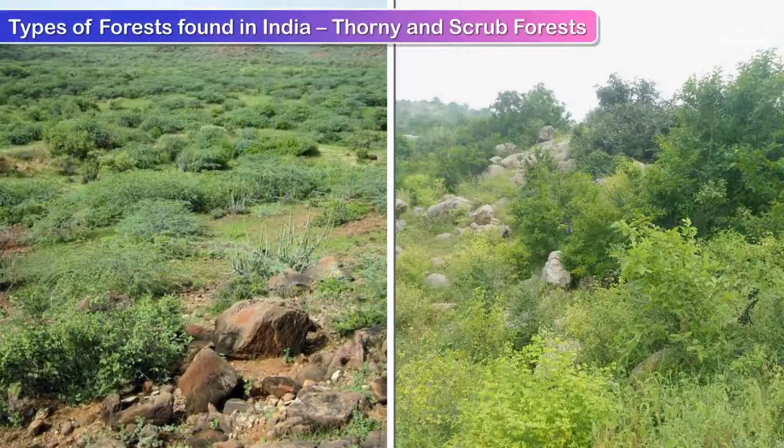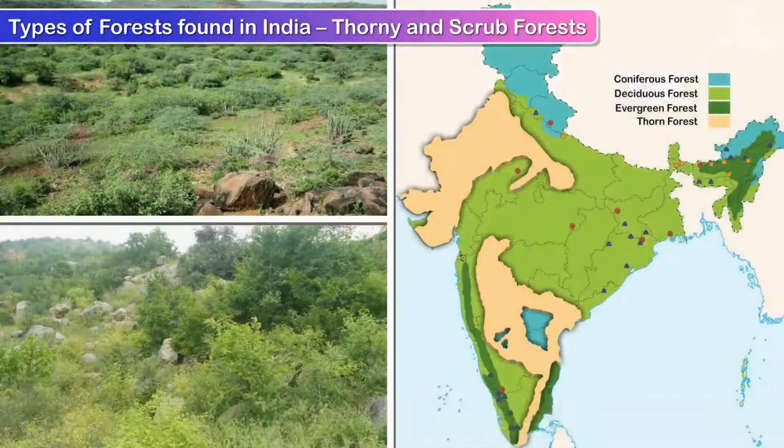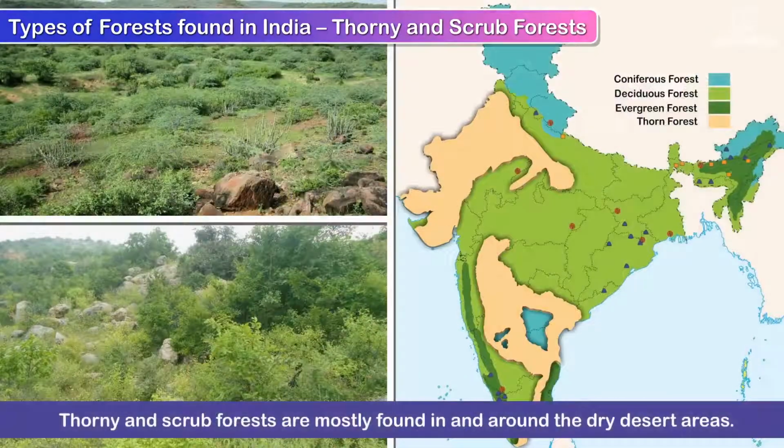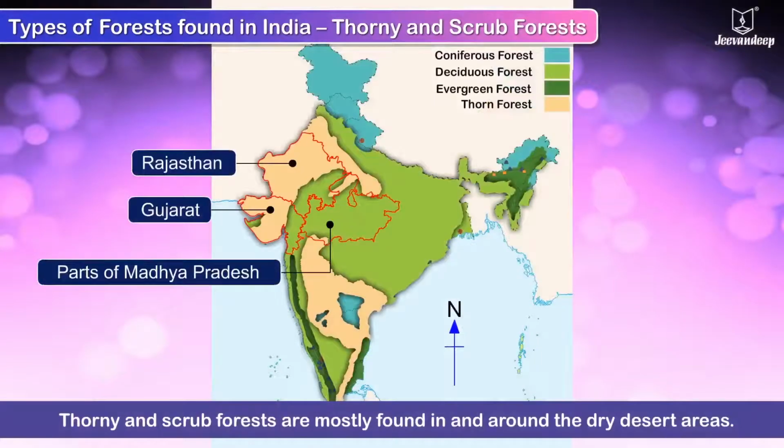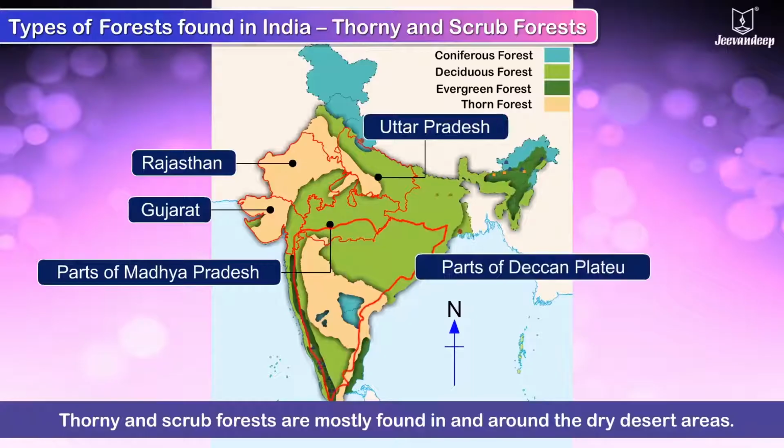Thorny and scrub forests. Thorny and scrub forests are mostly found in and around the dry desert areas of Gujarat, Rajasthan, parts of Madhya Pradesh, Uttar Pradesh, and parts of the Deccan Plateau.